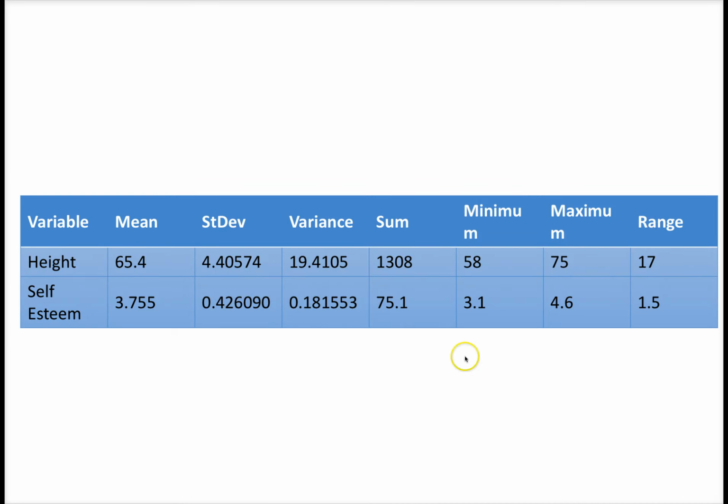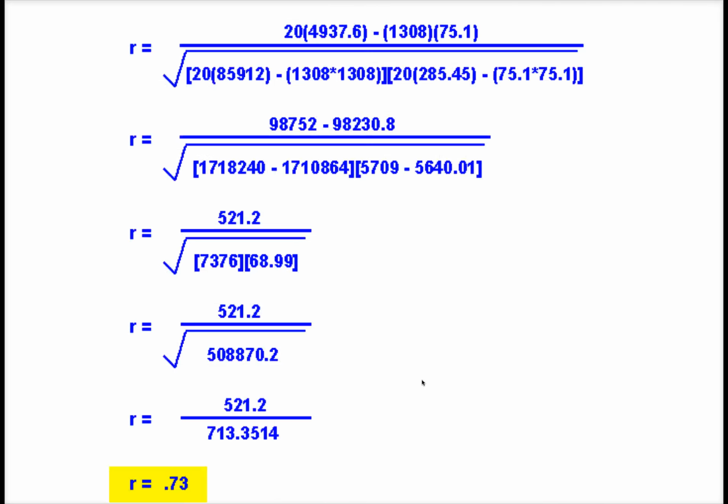So at the bottom of those columns are these data. Now, as we go through the calculations, if you wanted to check it out, you would see that the resulting value for R is 0.73.